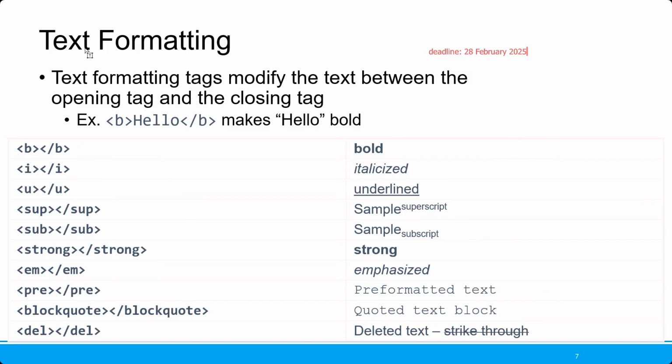Then you can just put, for example, you can delete this one, but you want to keep the information to the users. The original deadline is 28 February, but you extend into 30 March 2025. So in that case, you can use the strike through or the deleted text to the user in the HTML format.